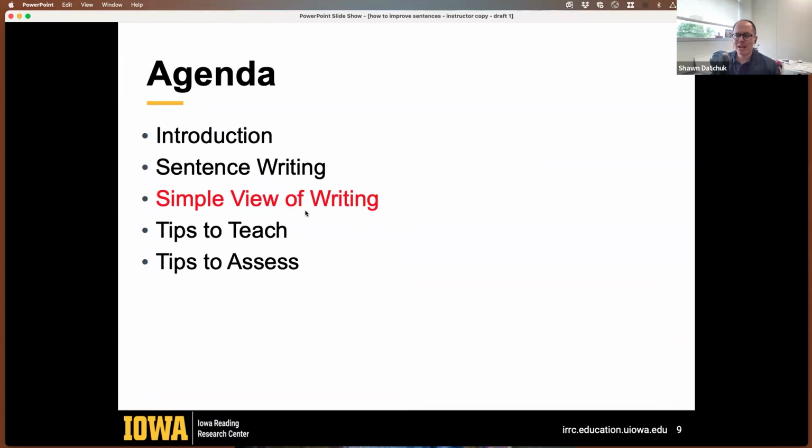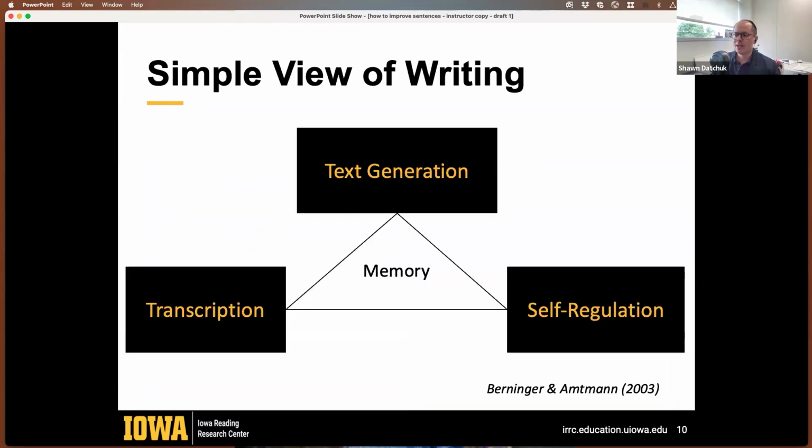So let's unpack the simple view of writing. The simple view of writing can be conceptualized into these three larger categories: transcription, text generation, and self-regulation, and these three broad skill areas are all competing for memory resources. Transcription refers to the handwriting, typing of individual letters, and spelling of individual words.